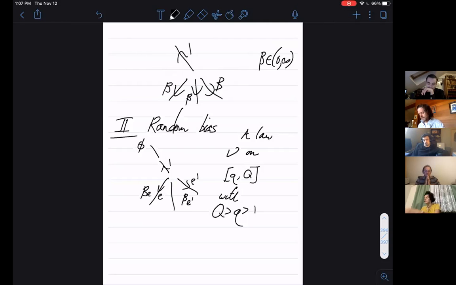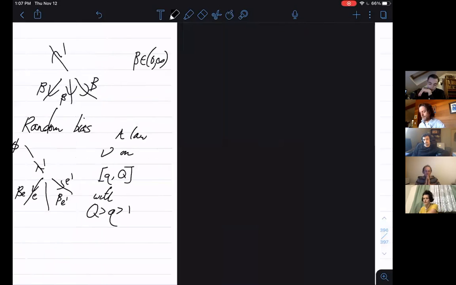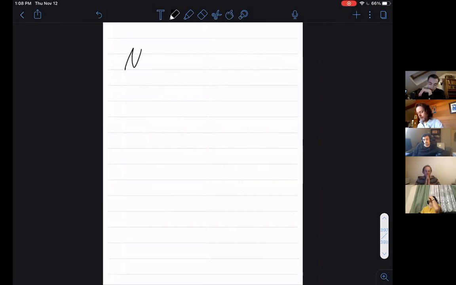It's also going to carry a non-lattice assumption. If I take the case where the law is a delta at a given value beta, that of course reduces to the constant bias case.